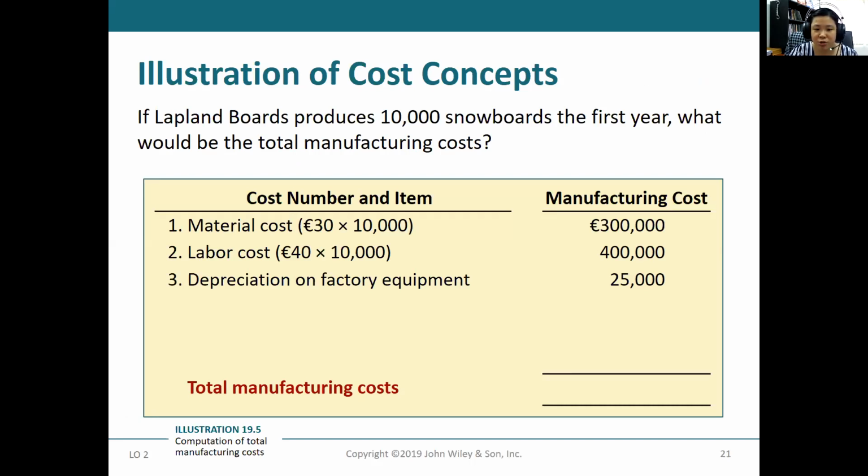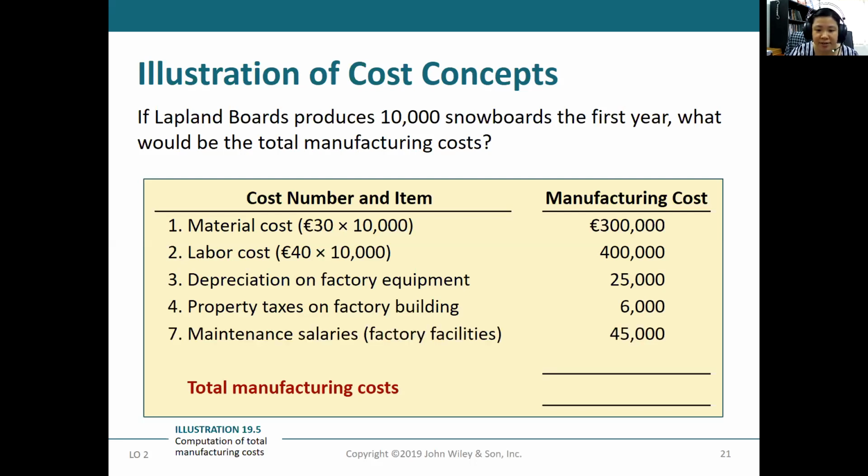Now for manufacturing overhead, we have depreciation on factory equipment, 25,000. Property taxes on factory building, which is 6,000. Maintenance salary, factory facility, 45,000. And salary of plant manager, 70,000. So the total manufacturing cost would be 846,000. Okay.